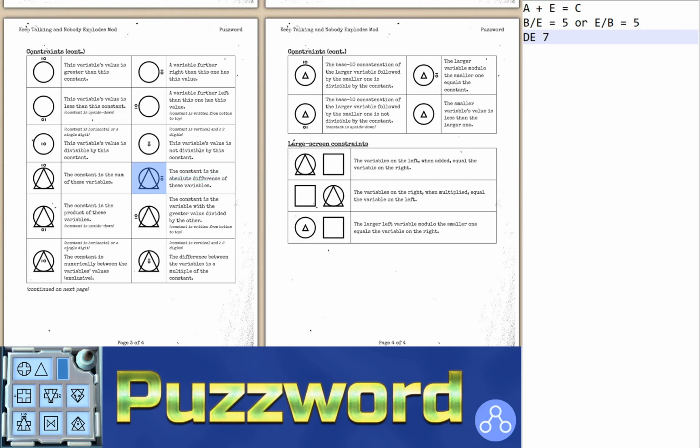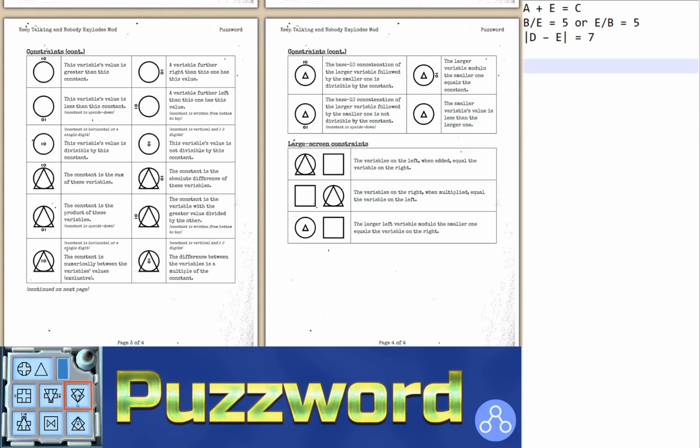Well, it's the difference between them, so delta minus echo, and then the absolute value of that. Which means that, for example, if delta is 12 and echo is 5, then that would give you 7. But it could also be that delta is 5 and echo is 12. That would ordinarily give you negative 7, but absolute value means that you remove the negative sign. So we don't know which way around they go, but the difference is 7.